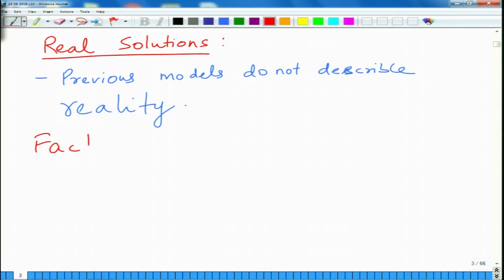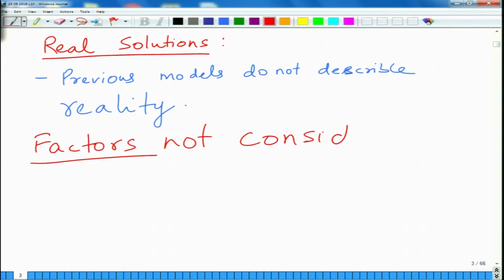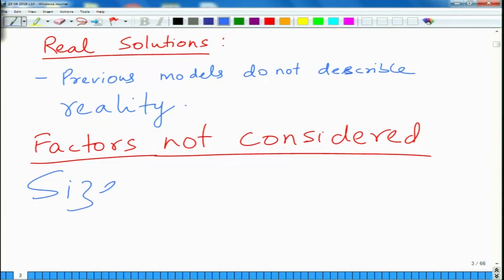So, the factors which we did not consider: first was the size. We did not consider any strain fields. When you have size differences, you will have strain, and this strain leads to enthalpy of mixing. So, these size differences and corresponding strain fields lead to changes in the enthalpy of mixing.